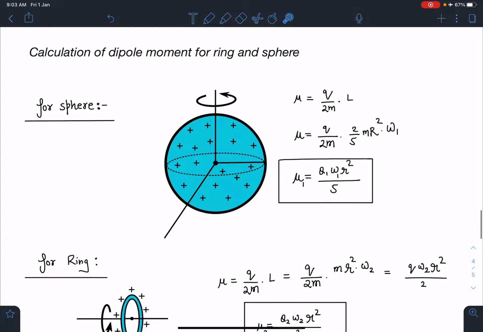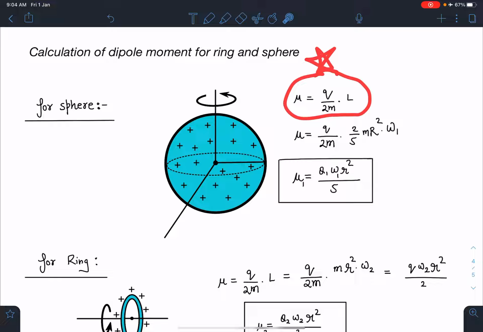Now we are going to calculate the dipole moment of the ring and the sphere. Since it is uniformly charged and having a charge of plus q1, we can use the relation that the ratio of magnetic dipole moment to angular momentum is always q by 2m, provided mass and charge distributions are identical.